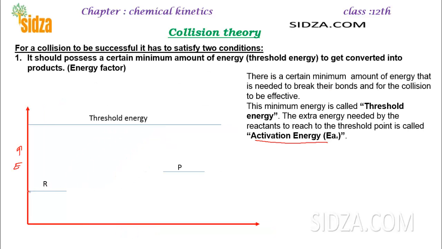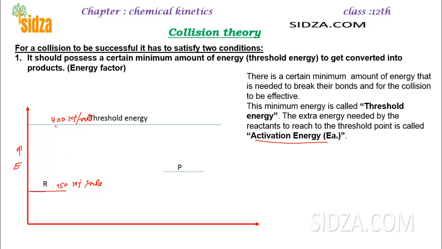Now suppose this is the energy of the reactants. For understanding purposes, I'll put some hypothetical values here. Say for example, reactant molecules have 150 kilojoules per mole of energy, and for the reactants to form product, they should have a minimum of, say for example, 400 kilojoules per mole.